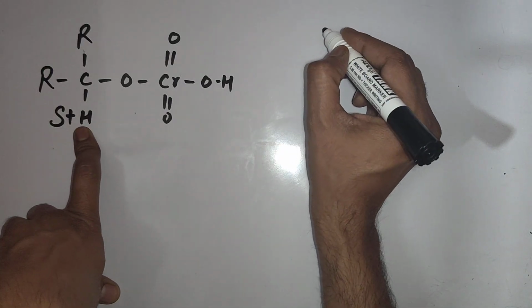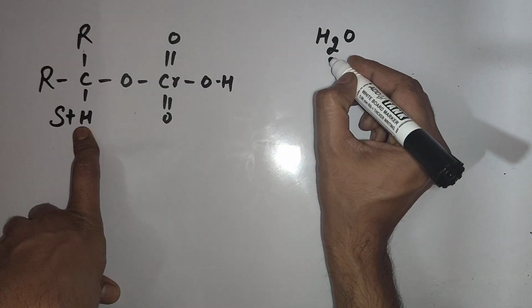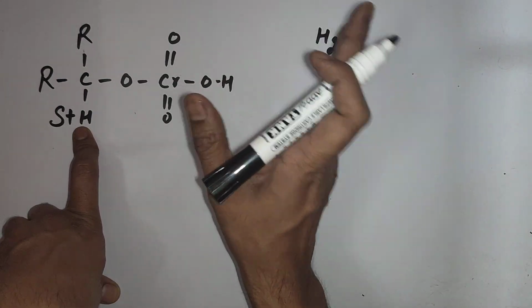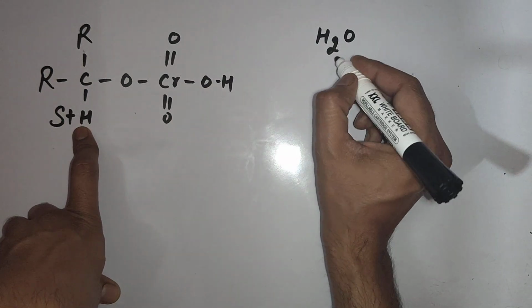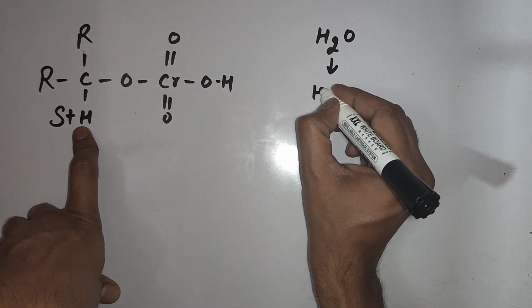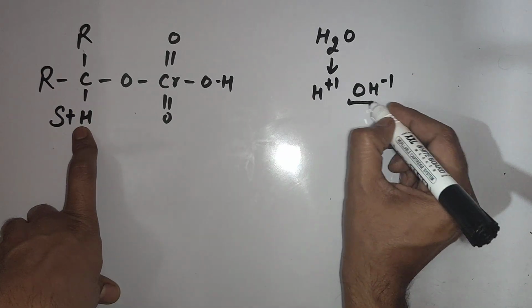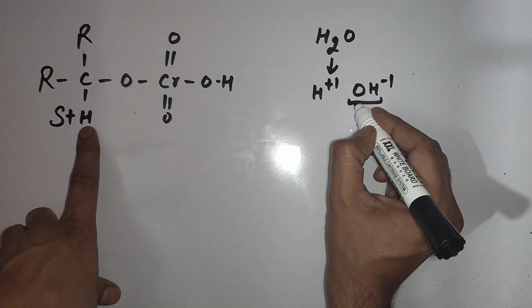Who will provide a base here? H2O. Water molecules are available. Dilute conditions we have, and already in the first step extra water molecules were released. Now H2O we know can break in two parts, H positive and OH negative. So this is the negative particle, this is a base, and this is the H positive particle.